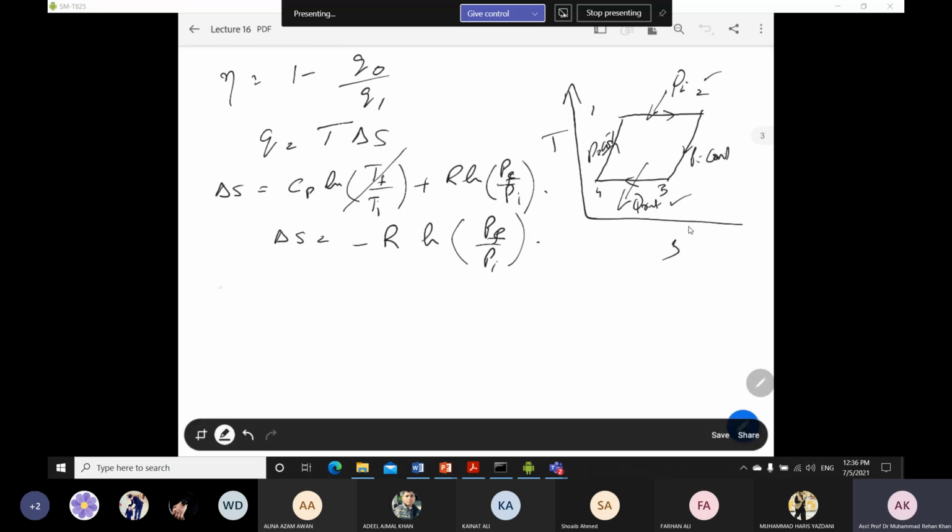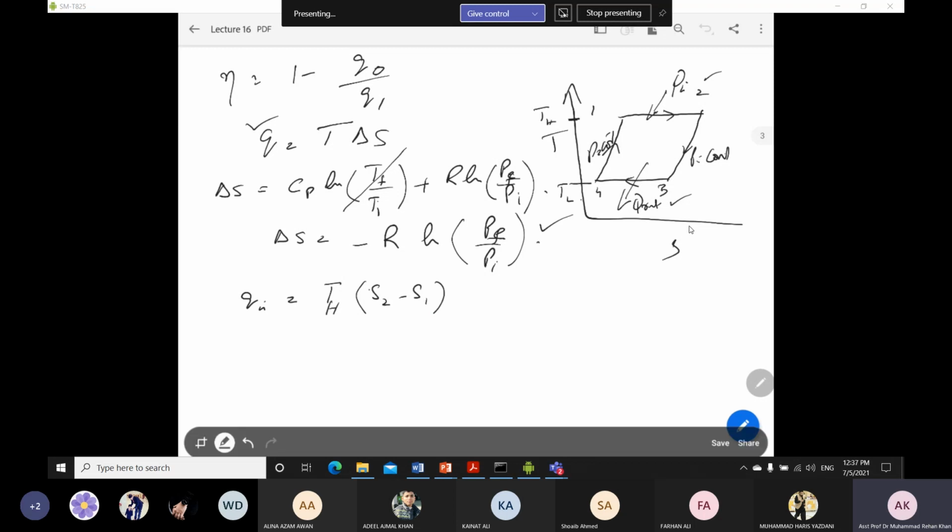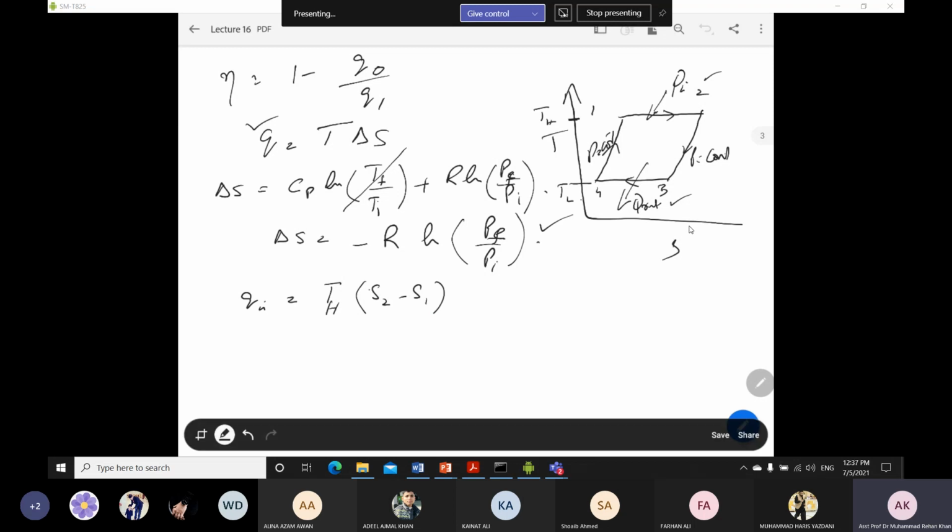So now, from this equation, we can say that Q in is at TH, which is the highest temperature, and Q out is at the lowest temperature. So we can say Q in is TH times delta S, between S2 minus S1. We can simply put this value of delta S into the Q in equation.